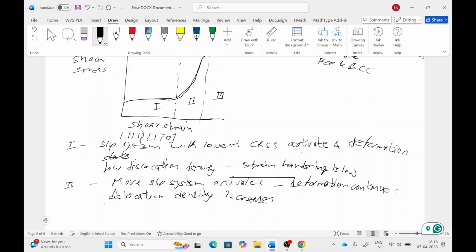So in the second region, the stress is increasing very sharply with the shear strain. So strain hardening is very high.